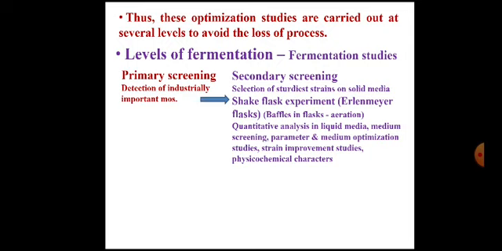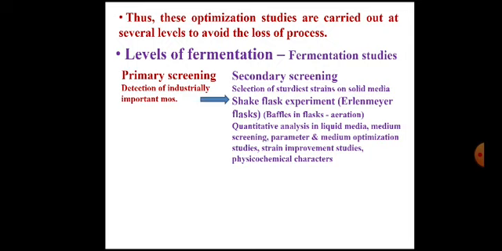Shake flask experiments are performed in Erlenmeyer conical flasks. These flasks may have baffles at the bottom, which is an effort to improve the rate of aeration. Baffles are placed in flasks just to replicate the conditions of a fermenter at flask level.